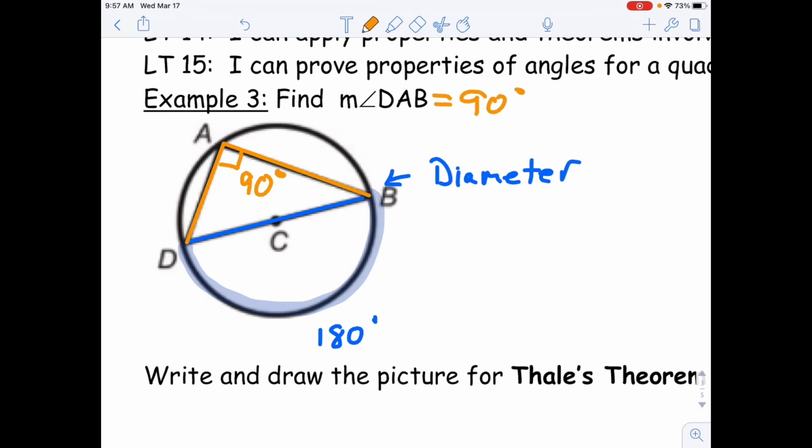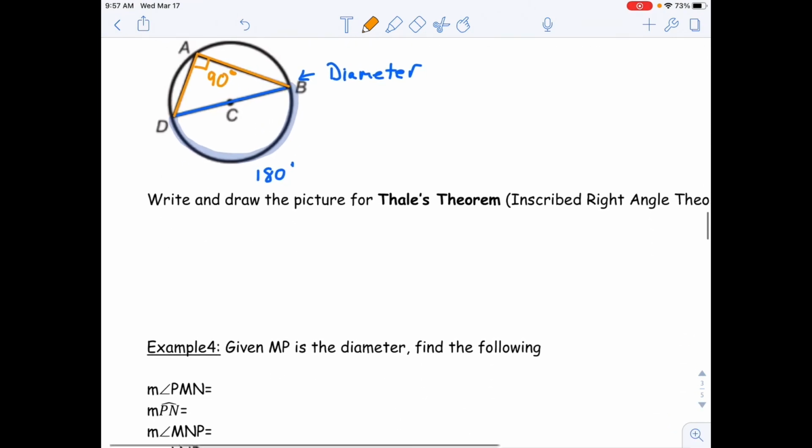All right, so if you can just identify it's an intercepted arc bounded by a diameter, then it has to be a right angle, and that's actually Thales' theorem below.